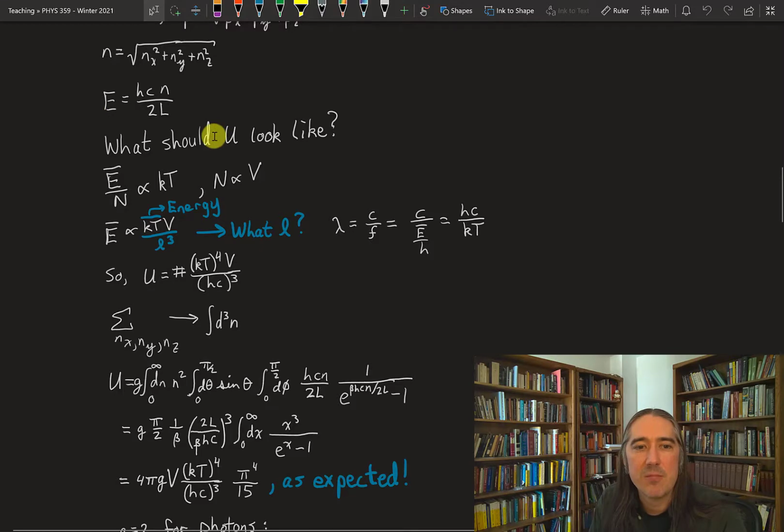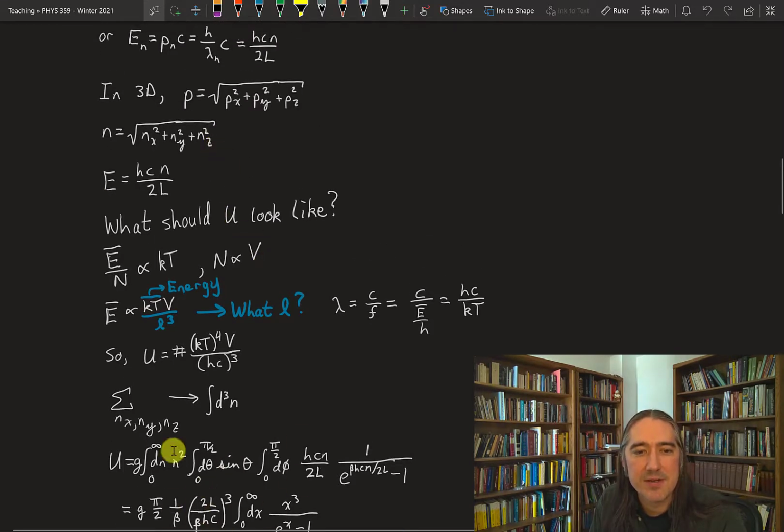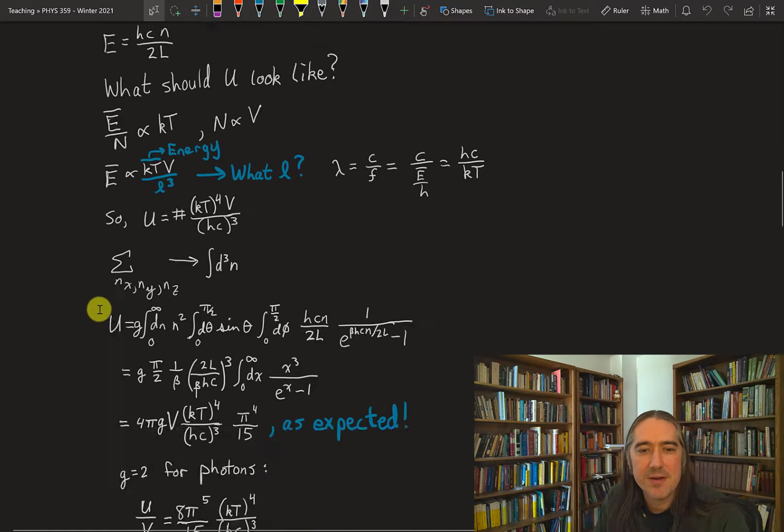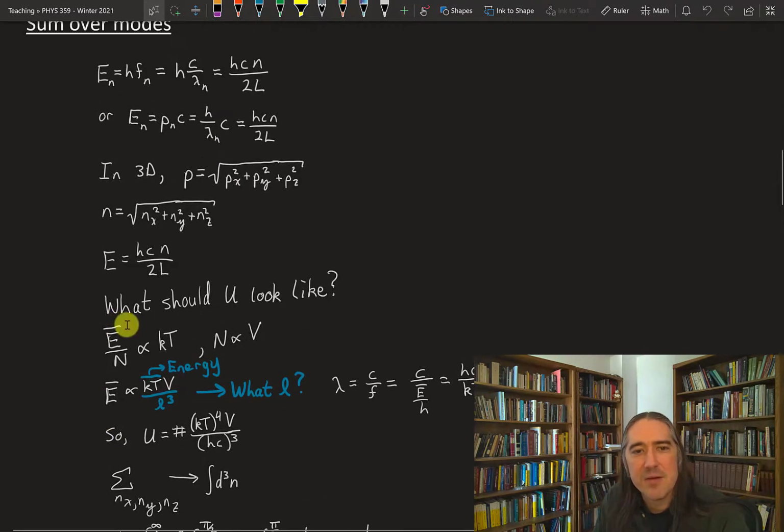So now, before we go and do a calculation, and you can see down here there's some integrals, there's some stuff going on. Don't look there yet. This is actually a good general rule in physics. Before you embark on a calculation that looks like that, ask yourself, what answer should I get? See if you can deploy some physical intuition to know the form you expect in the end.